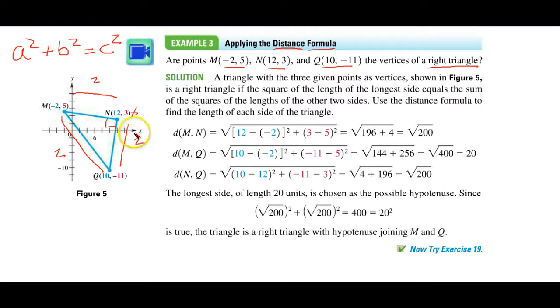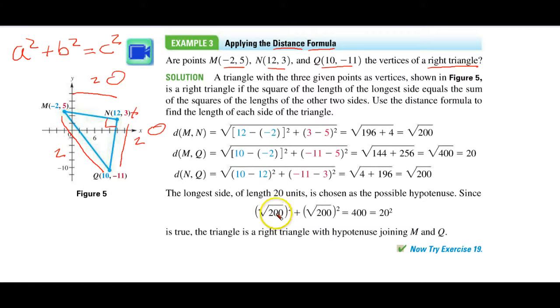And you might say, how in the world would I do that? Well, here they're showing you you would have to do 3 distance formulas, find this distance, square it, and then square this distance and see if in fact it ends up as a right triangle.